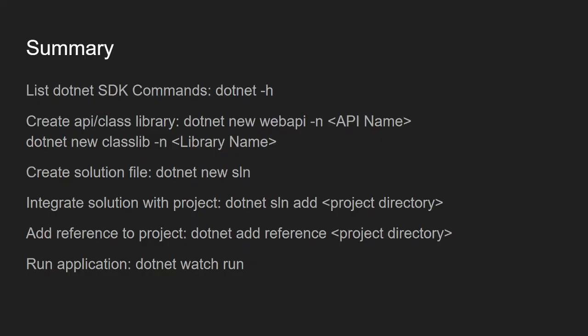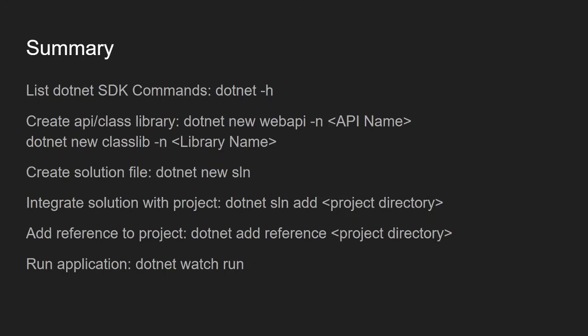So to summarize: to see the list of .NET SDK commands, use dotnet -h. Create an API: dotnet new webapi -n, then the API name. Create a class library: dotnet new classlib -n, then the library name. Create a solution file: dotnet new sln.